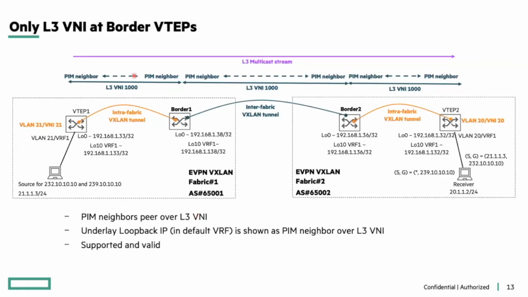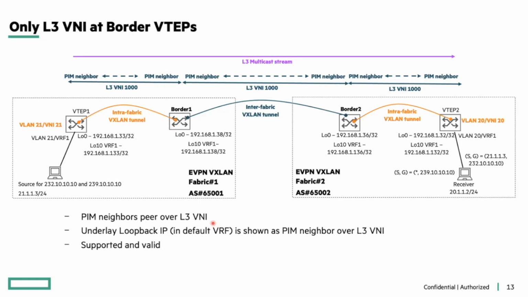Okay, so let's see what happens when we only have layer 3 VNIs at the border VTAPs. We have PIM neighbors between these two VTAPs in the same fabric. Between the different fabrics, same thing, we have PIM neighbors. Here from border 2 to VTAP 2, another set of PIM neighbors. So they're all on the same L3 VNI 1000, but you have different neighbors, right? They are directly connected through the overlay. The neighbors are not with the underlay network devices, it's through the overlay.